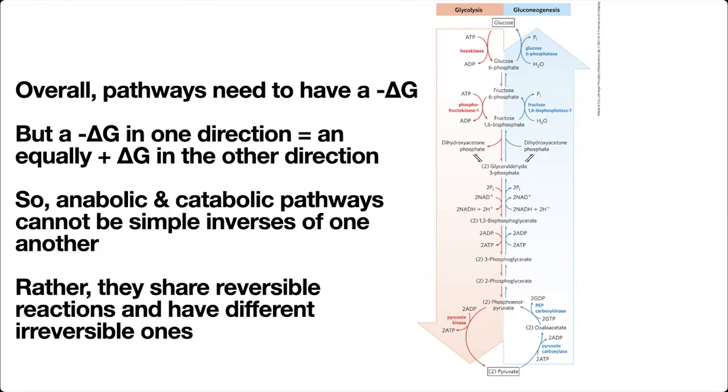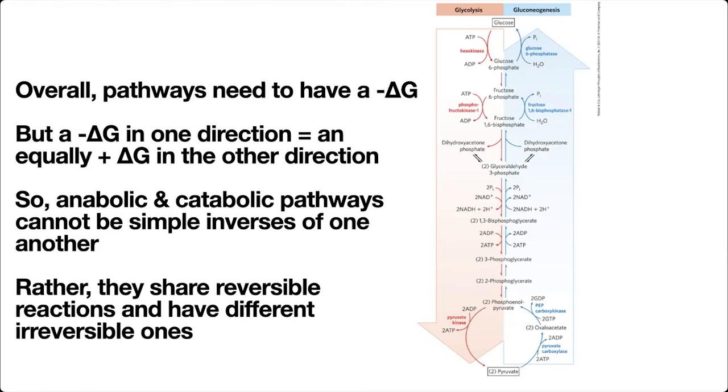We need our pathways to have a negative delta G overall so that we're able to go down that pathway. Anabolic and catabolic pathways, therefore, cannot just be simple inverses of one another, because if the reaction pathway is favorable in one direction, then that pathway is going to be unfavorable in the other direction.